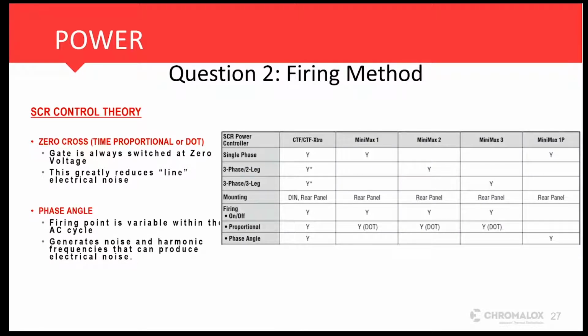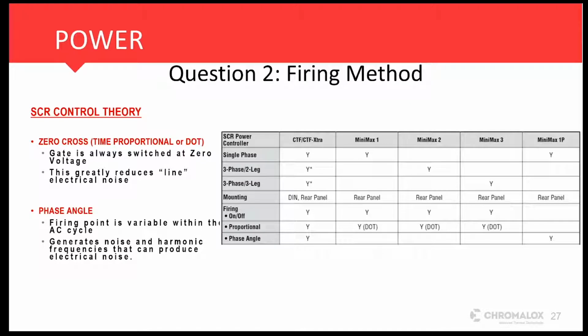Question 2 is the firing method. This one is a little bit more complicated. Once you've determined the number of phases and legs, you want to make sure your customer is okay with a 0 cross firing method, whether it's time proportional or dot fired.